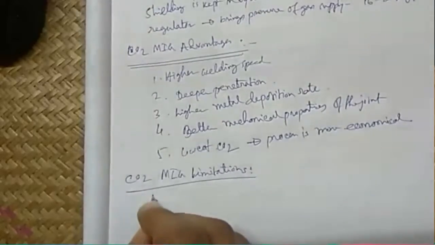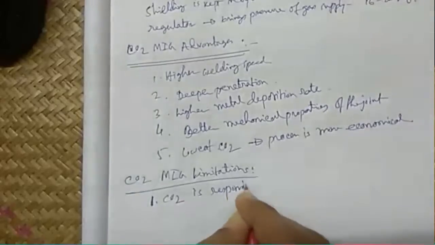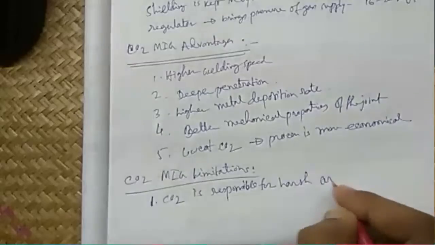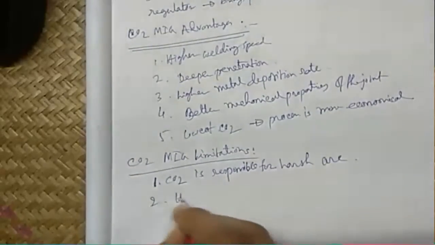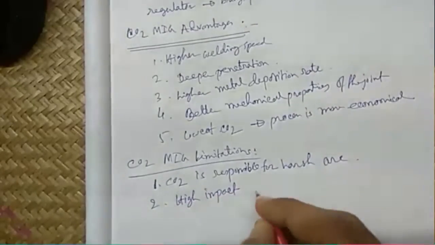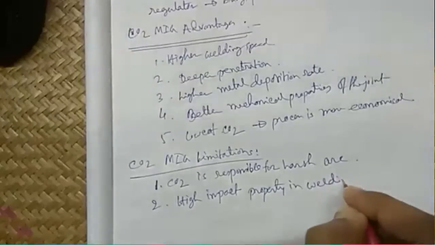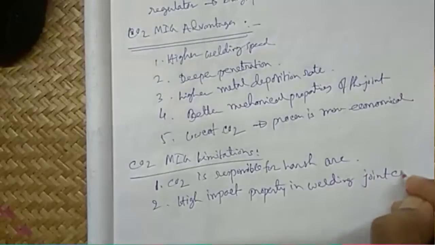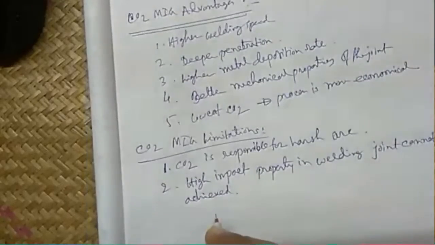Number one, CO2 is responsible for harsh arc, and high impact property in the welding joint cannot be achieved.